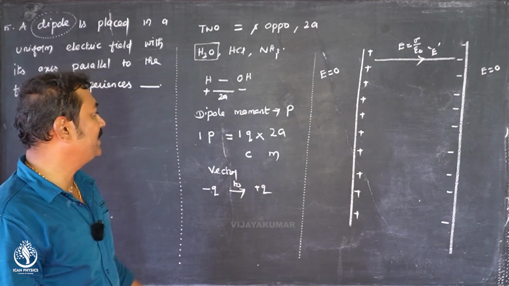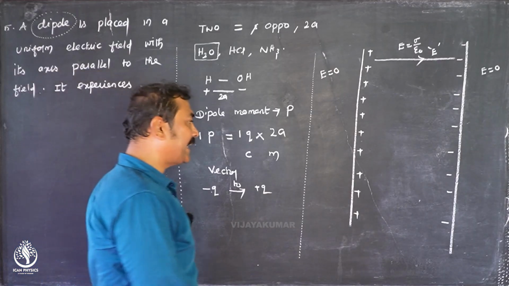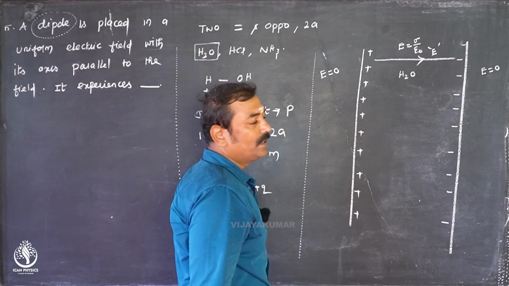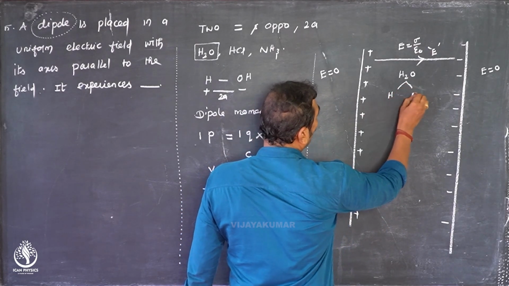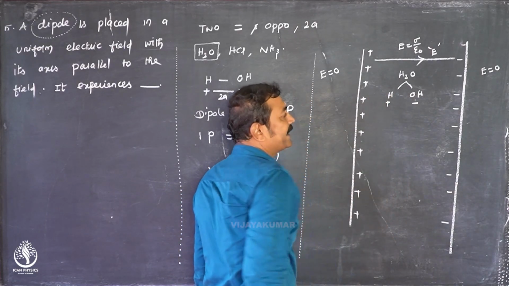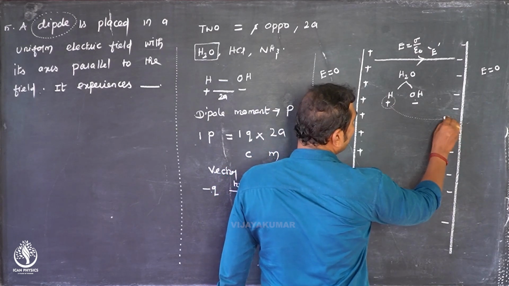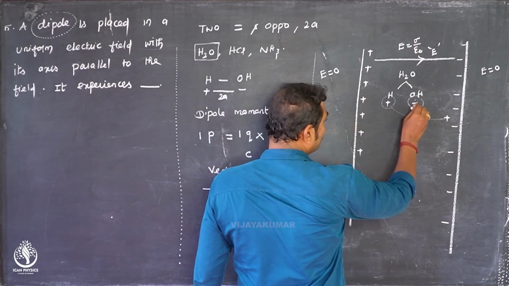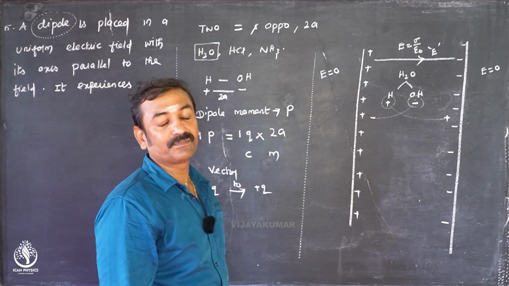In this electric field, I am going to place the electric dipole. Suppose an H2O molecule. So the H2O molecule becomes H bond OH. H has positive and OH has negative. The positive charge tries to align towards the negatively charged plate, and the negative charge tries to align towards the positively charged plate.